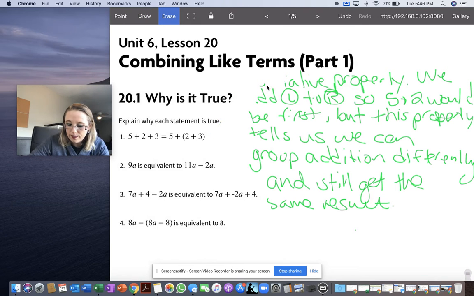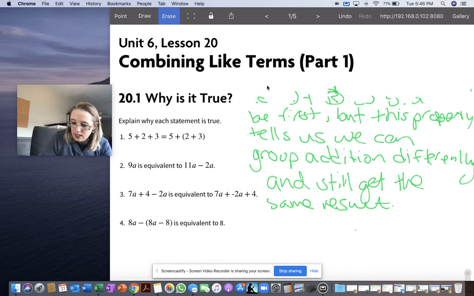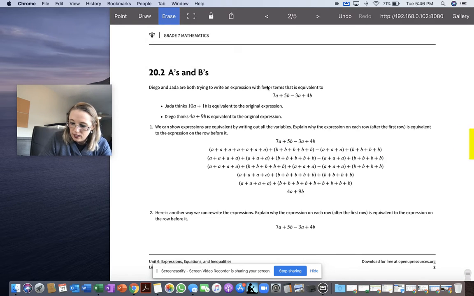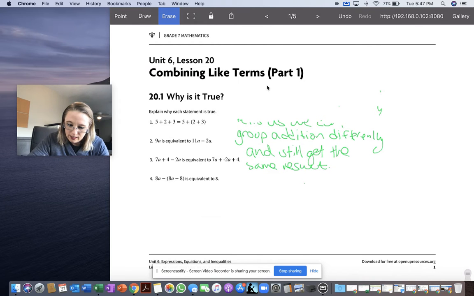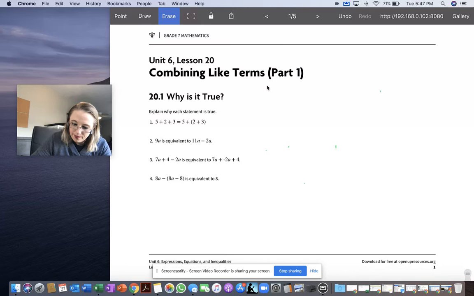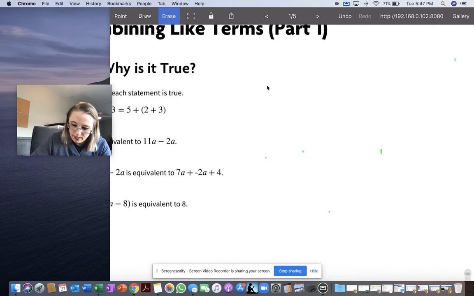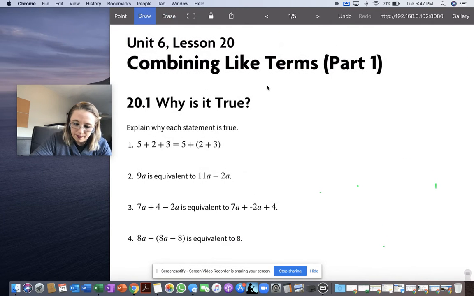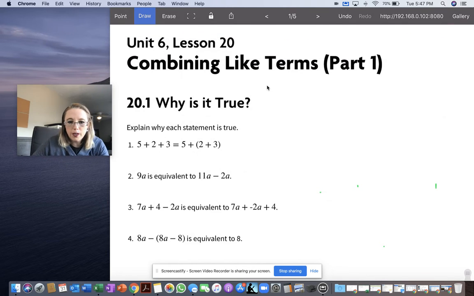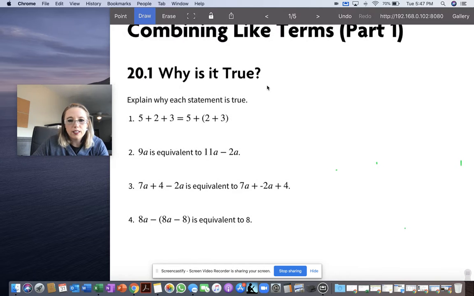I'm going to erase it. Okay. So number 2, 2a is equivalent to 1a minus 2a. Okay.